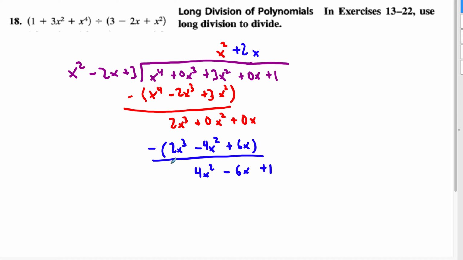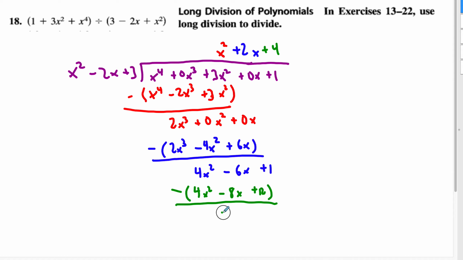Last tier. X squared times what is 4x squared plus 4? Notice, squared, linear, and then finally constant term. So 4x squared, 4 times negative 2x is negative 8x, and 4 times 3 is 12, and we subtract. That minus that, gone.